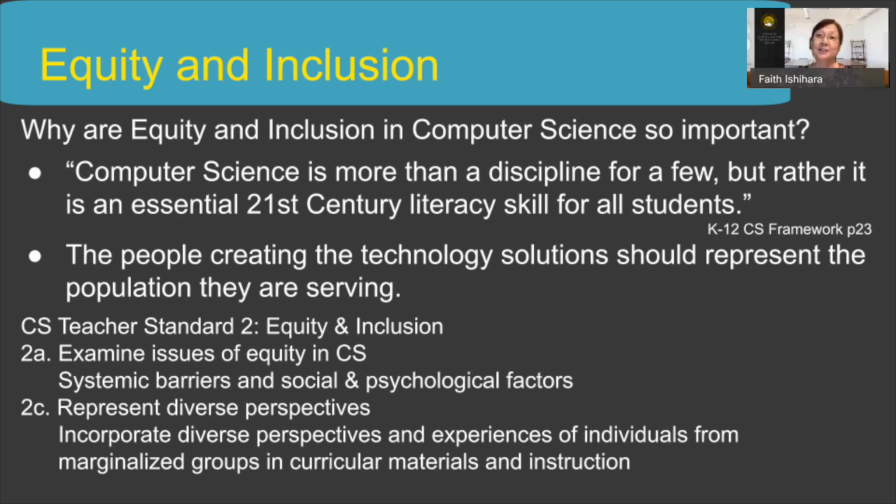And in addition to that, the people creating the technology solutions should represent the population they are serving. So the purpose of equity in computer science is not to prepare all students to major in computer science, but to ensure that all students have the foundational knowledge they will need to allow them to productively participate in today's digital world.